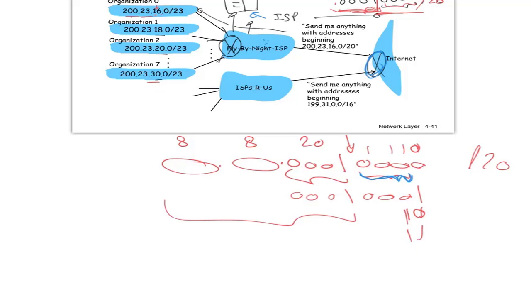All I need to know is that any packet that matches this big consolidated address, I will send to this service provider, which for us is QU. QU will take this and then it will have to perform a further match, on the level of 23.